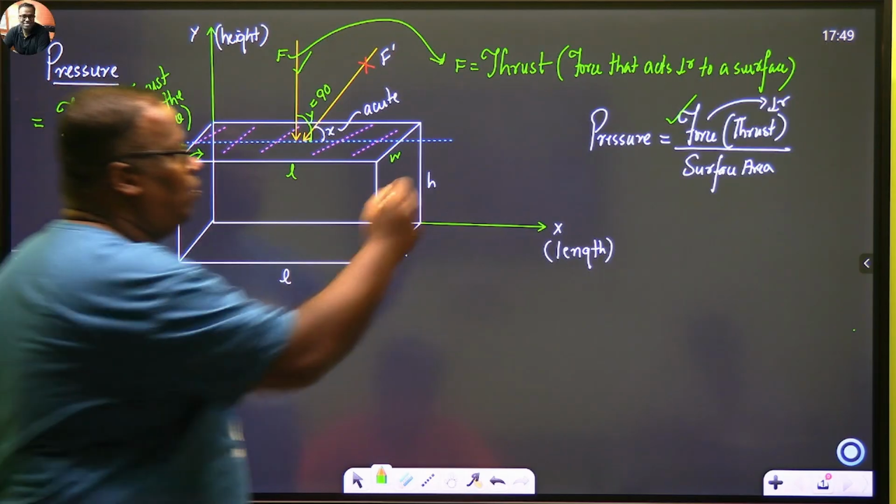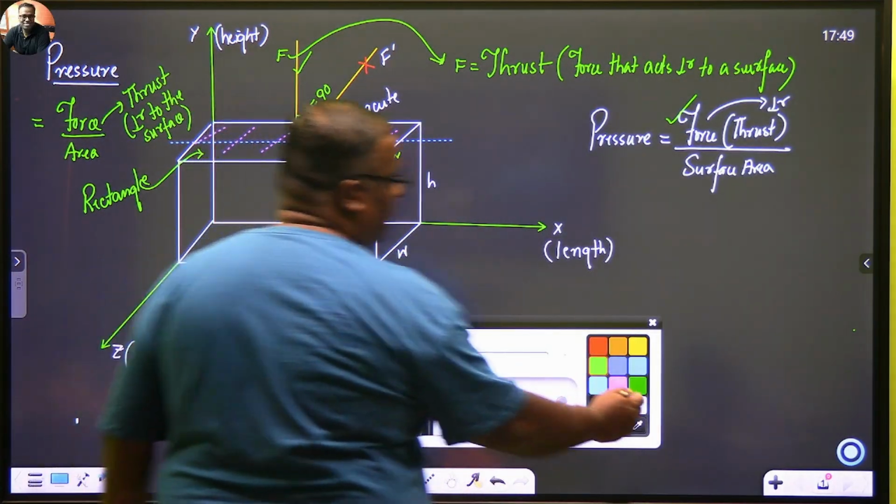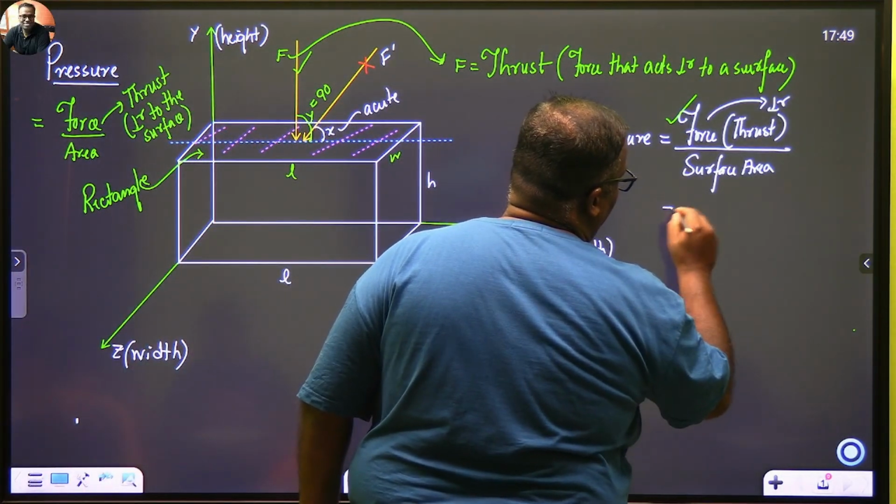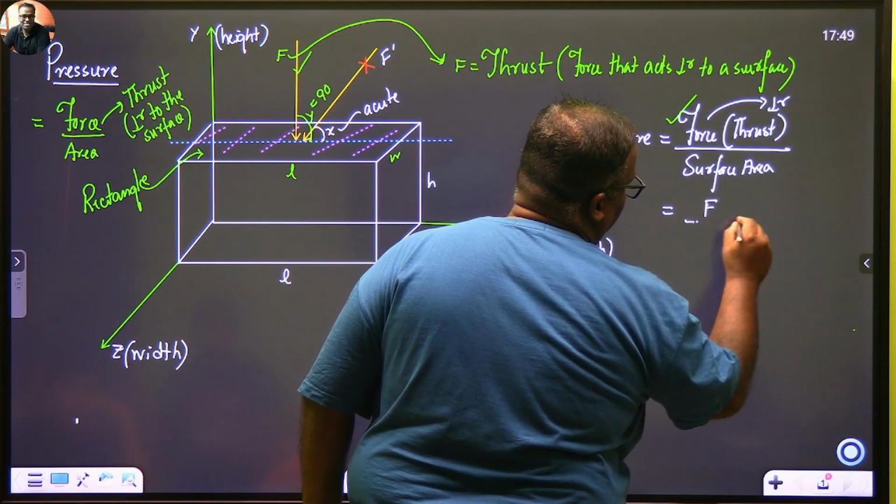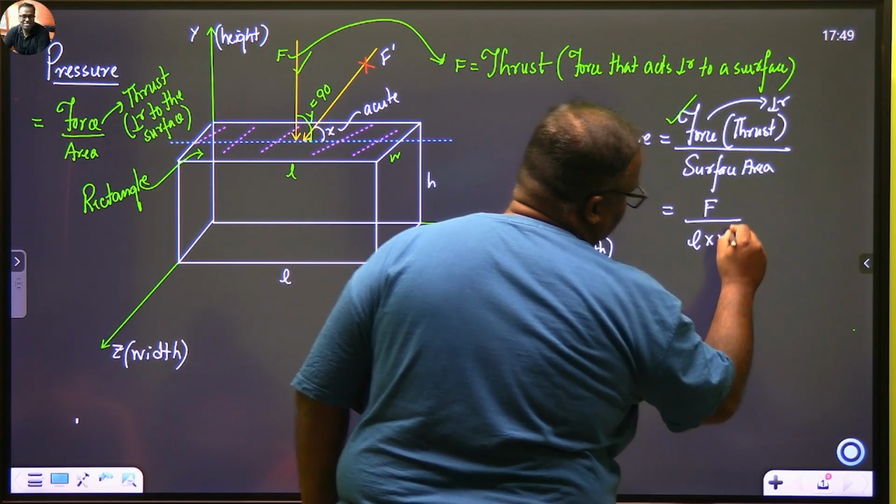In this particular top surface, the length is L, whereas the width is how much? The width is W. So pressure is F divided by L times W.